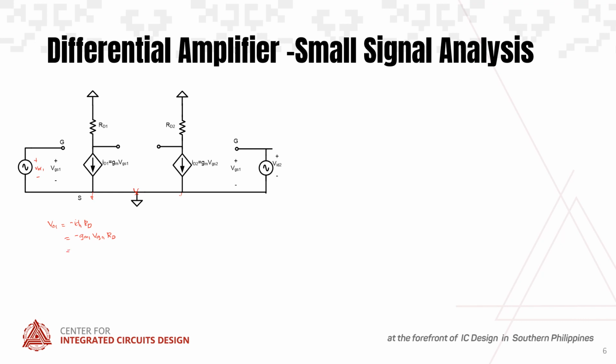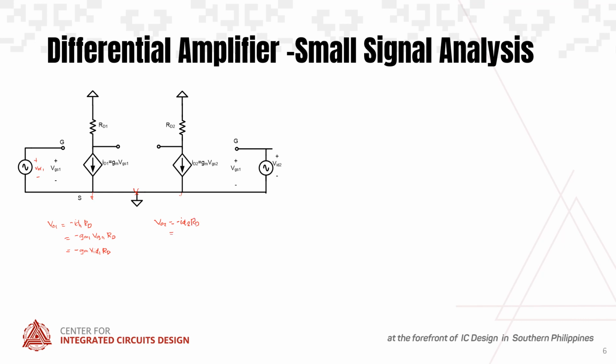And also from our previous calculation, this VGS1 is equal to VID1. So we'll have negative GM VID1 RD. And for VO2, we have negative ID2 RD.